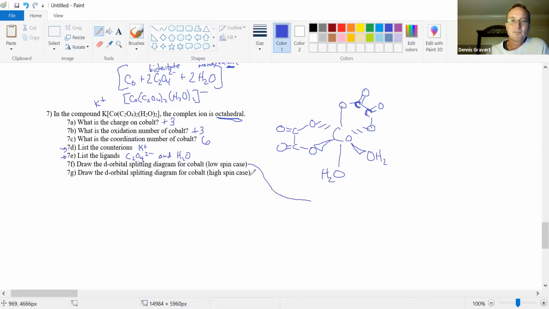So just humor me. It's asking for a low spin case. So low spin, lots of pairing. And this one has lots of unpaired electrons.